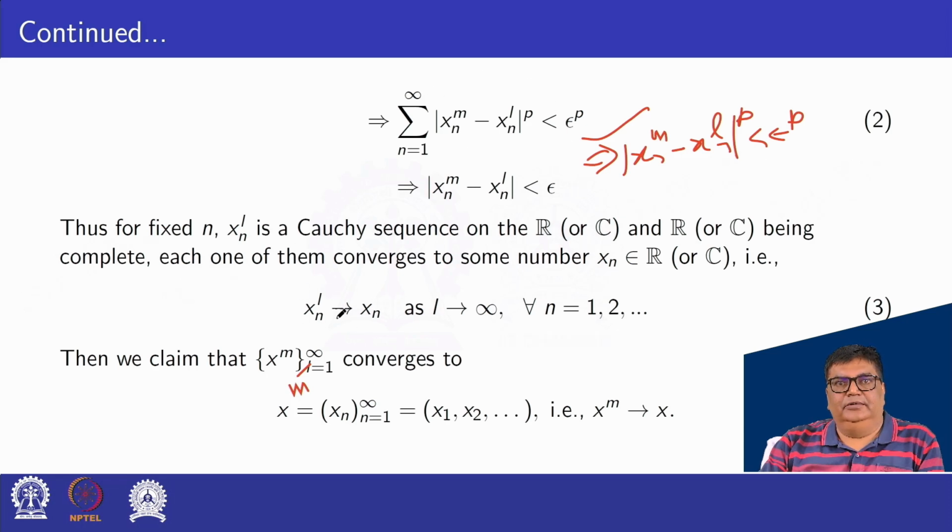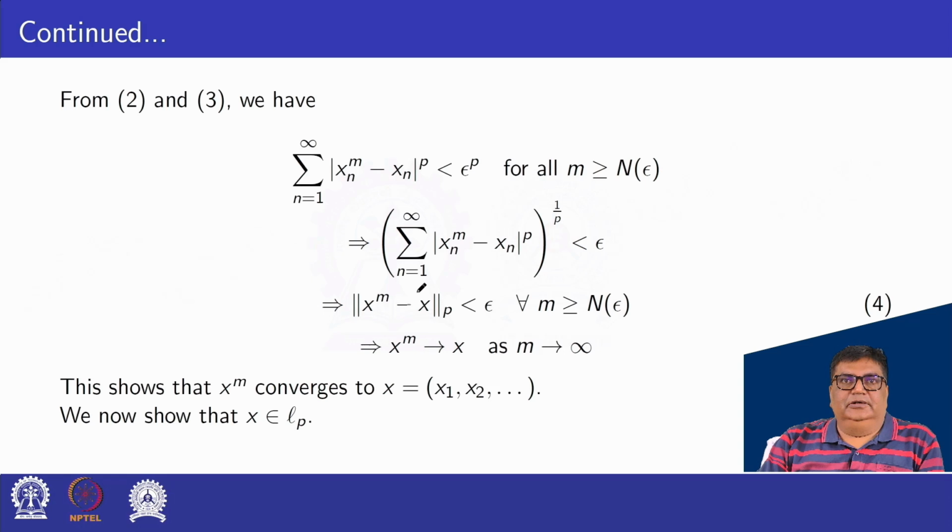Putting the value of this, as per the statement of the norm, take the pth root of this inequality. We have the summation n equal to 1 to infinity of |x_n^(m) - x_n|^p, whole power 1 by p, less than epsilon.